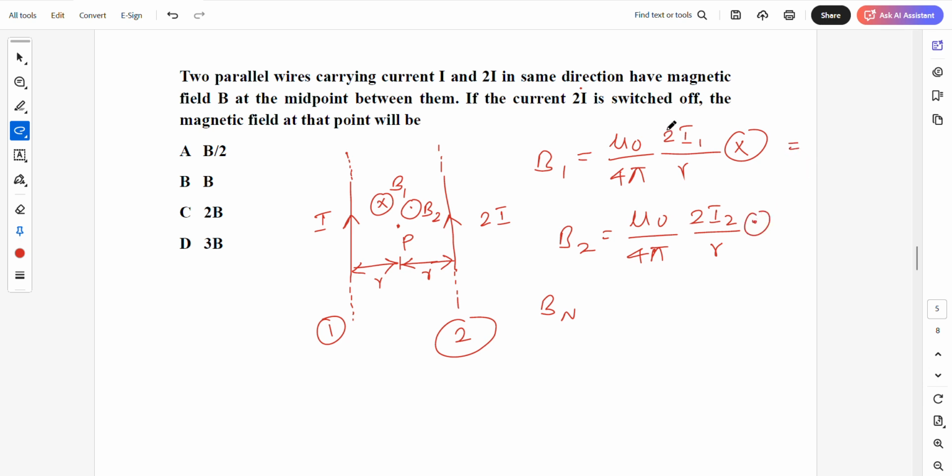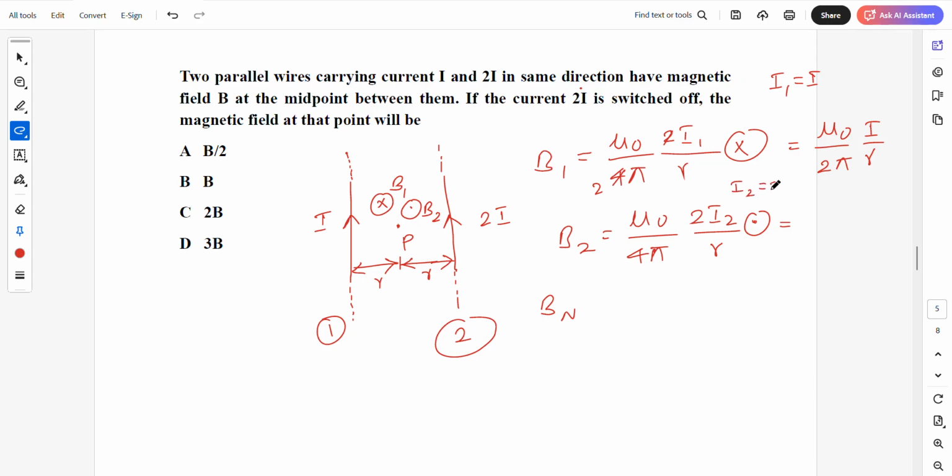With I1 equal to I, B1 is mu naught by 2 pi into I by R. How much is I2 here?